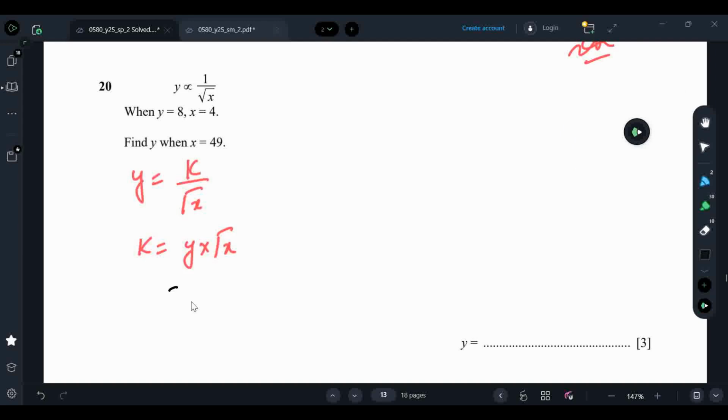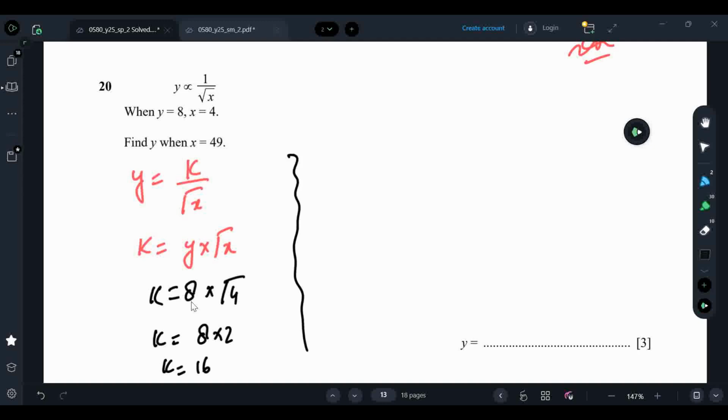So y is 8 and square root of x is 2. So k is equal to 8 multiplied by 2, which means k is equal to 16.